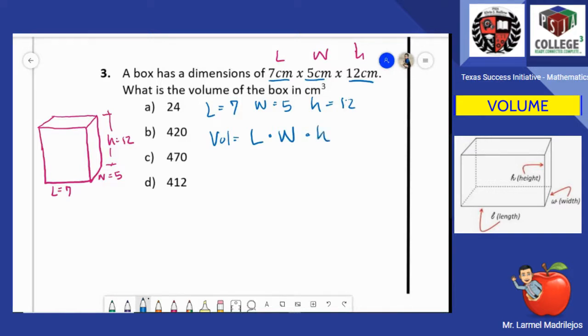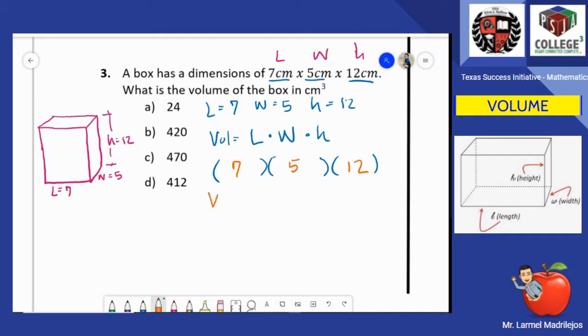So my length, I'll put it in parentheses. My length is 7, width is 5 times the height. All right, this is easy. You just need to multiply. So 7 times 5 times 12.